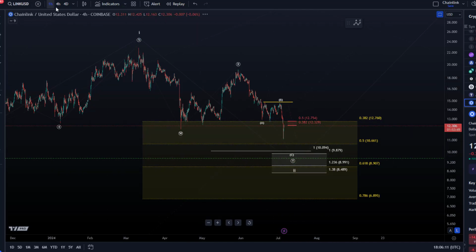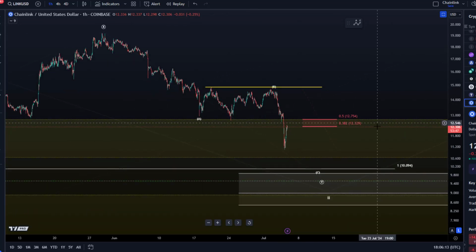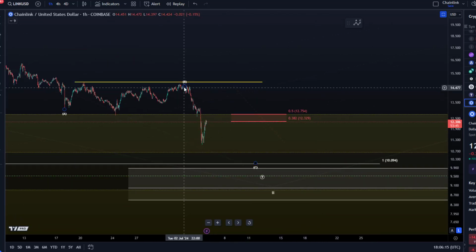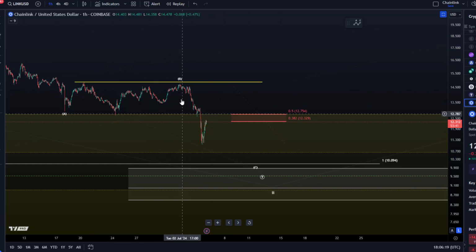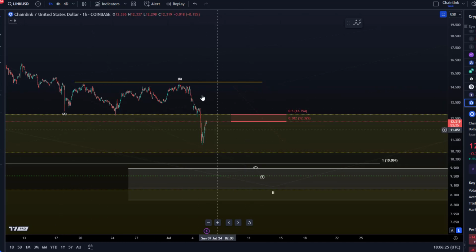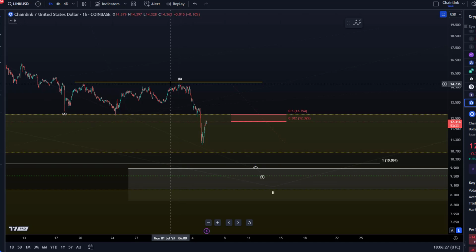So if we then zoom in, looking at this C wave to the downside, which started with that top, there are different ways of counting this, but I label the B wave here, and then this is a running flat correction. So the idea is the B wave topped at around $14.74.